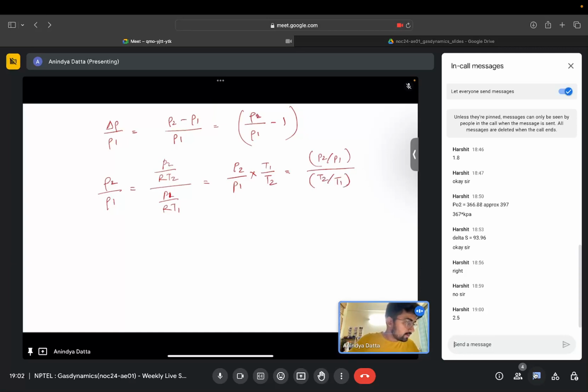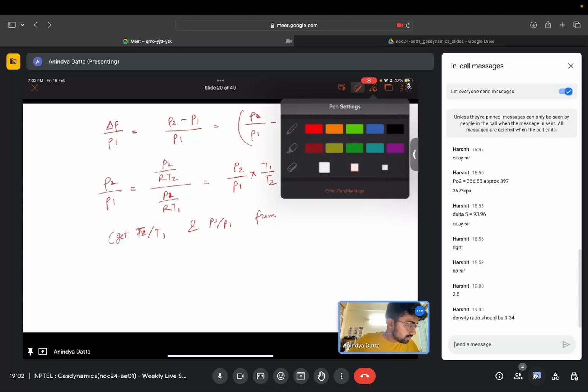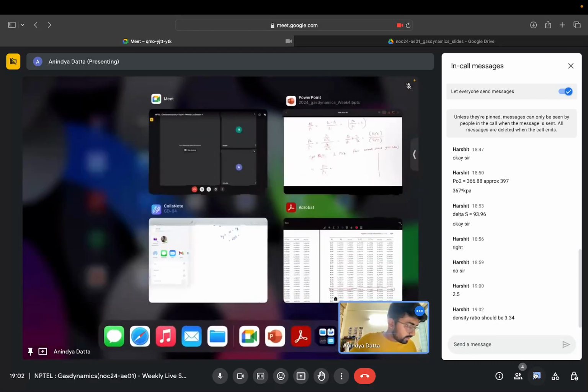So we can get T2 by T1 and P2 by P1 from the normal shock gas table. So we can go back to the normal shock gas table to find these values. Okay, so what is the upstream Mach number? 2.5, right?